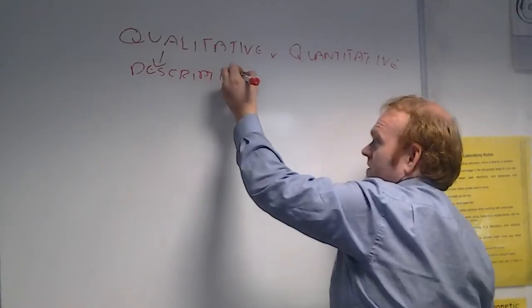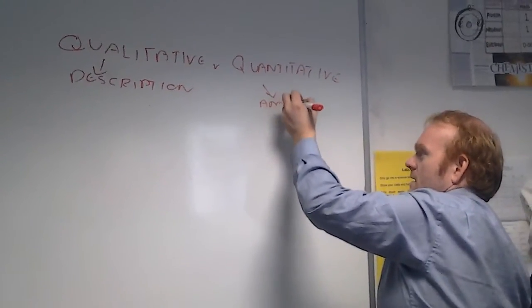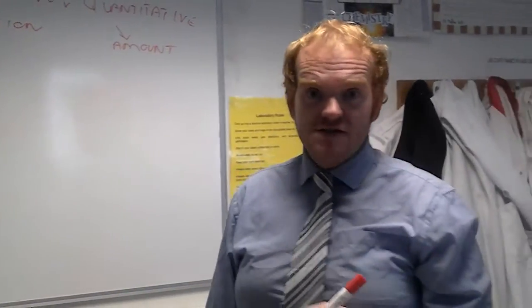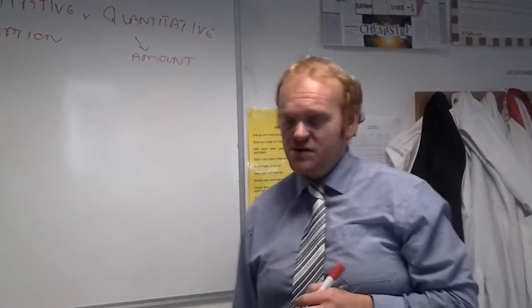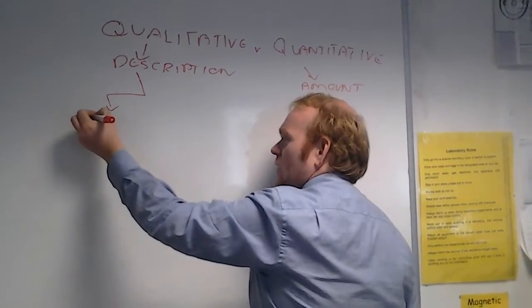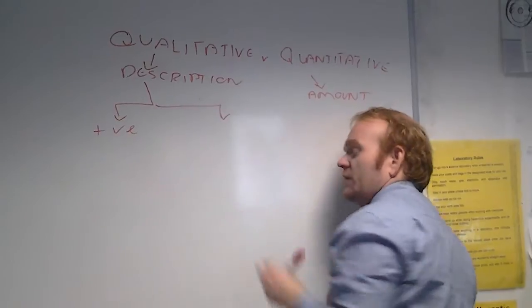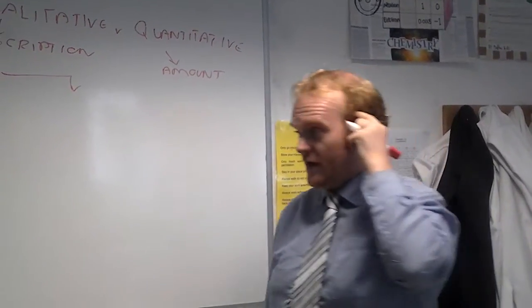Quantitative gives us an amount. If a positive ion is there, we can do either a flame test or a precipitation reaction with sodium hydroxide. For a negative ion, we can do tests with either silver nitrate, barium chloride, or hydrochloric acid.